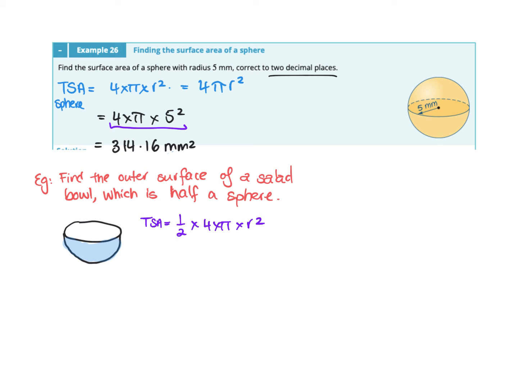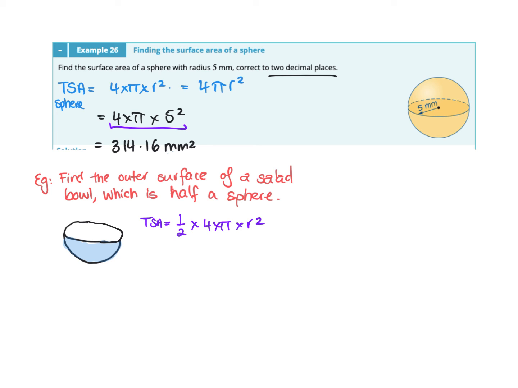If we tell you what the radius is, let's make one up, I'm going to say 20 centimeters, more realistic. I don't want to be confusing because we said it was a salad bowl.